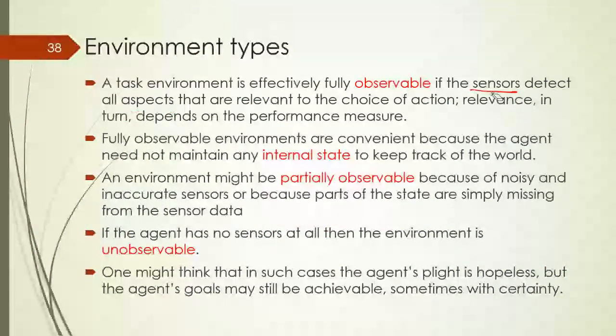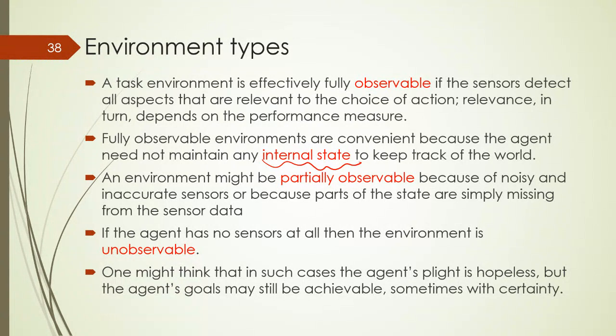So we call an environment observable when my agent's sensors can get all relevant information from the environment. Fully observable environments are convenient because the agent doesn't need to maintain an internal state to keep track of the world.